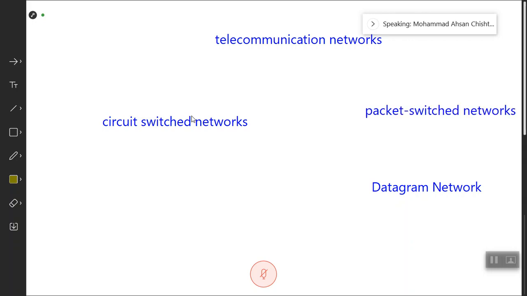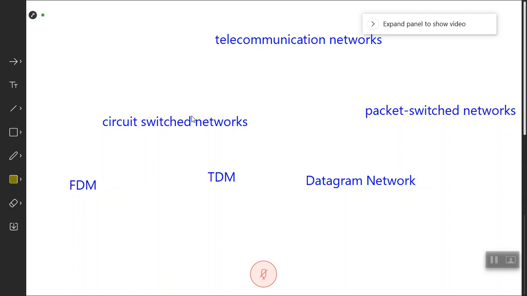Circuit switched networks can employ two things, FDM or TDM, to transmit, and packet switched networks can use datagram networks or virtual circuits.